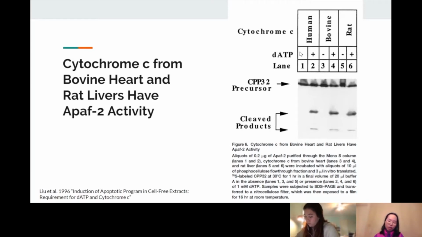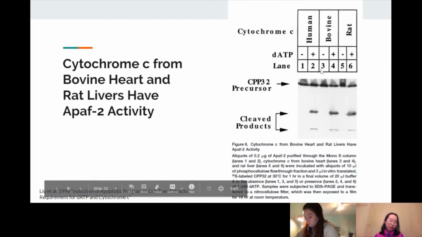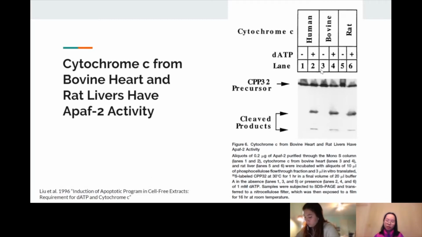And they originally did all of these experiments in human cells and HeLa cells in particular. So as you can see, when there's no dATP, there is no cleavage. With dATP, there is the initiation of apoptosis and thus cleavage. So they thought maybe it's just something weird with human cells. Maybe it's like a weird thing that only human cytochrome C has and maybe nothing else has, and we got the wrong protein.